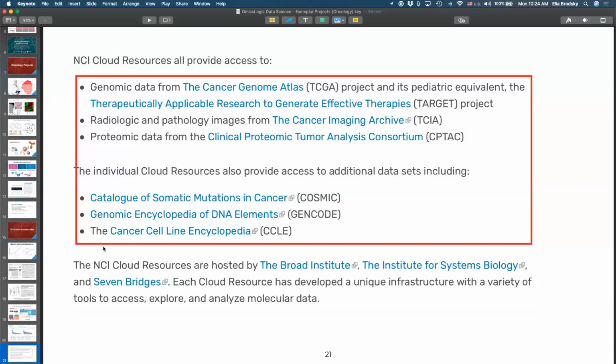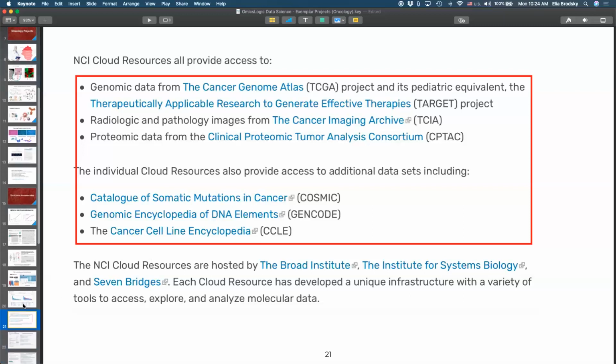And then you also have the Cancer Cell Line Encyclopedia. So an encyclopedia of different cell lines derived from patients that allows us to order a specific type of cell line to study a specific subtype of cancer and things like that, right? As you remember, in modeling precision treatment of breast cancer, we took a bunch of different cell lines and we needed to know clinical information about those cell lines.